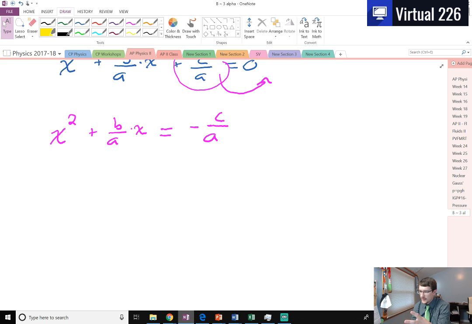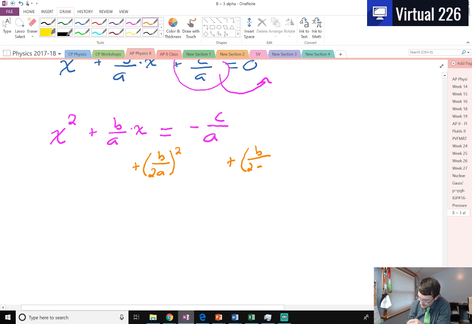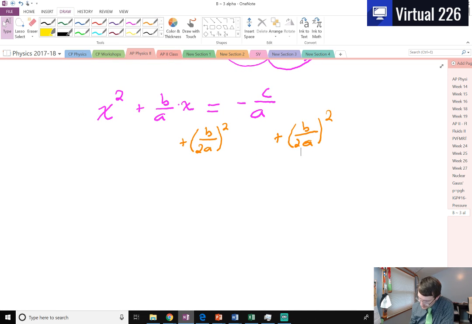But what we're going to do right now is we are going to add b over 2a squared to both sides. That's an a. Just roll with it. Let's just do it, okay? So here we go, new equation.